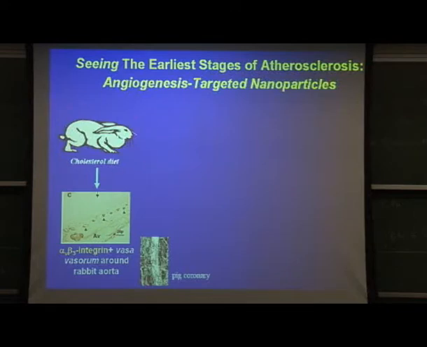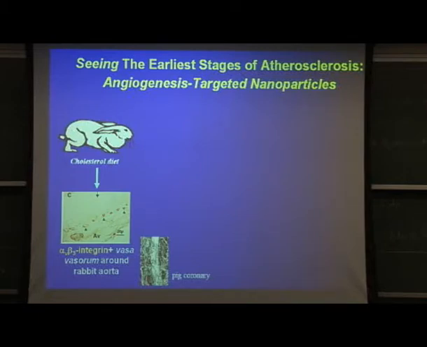And if you feed a rabbit a high cholesterol diet, one of the first things is it starts taking up the cholesterol here in the intima, which is out here, and here's the media and here's the adventitia. These are the layers of the aorta in this animal. But these blood vessels out here toward the outside of the wall start growing very profusely.